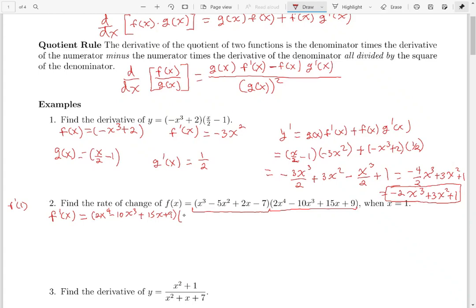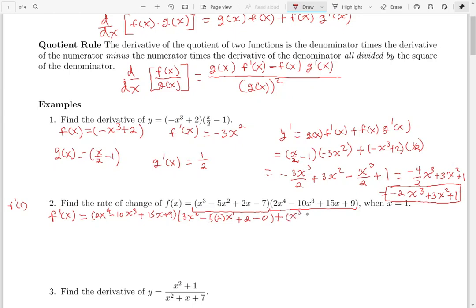The derivative of the first function is then going to be 3x squared minus 5 times 2 times x to the first plus 2 times the derivative of x is 1 minus the derivative of 7 is 0. All added to, now we write the first function unchanged.